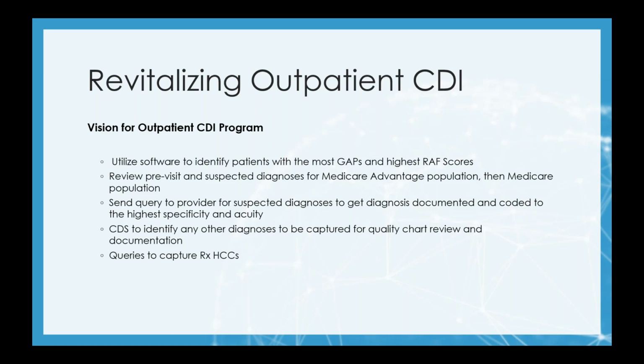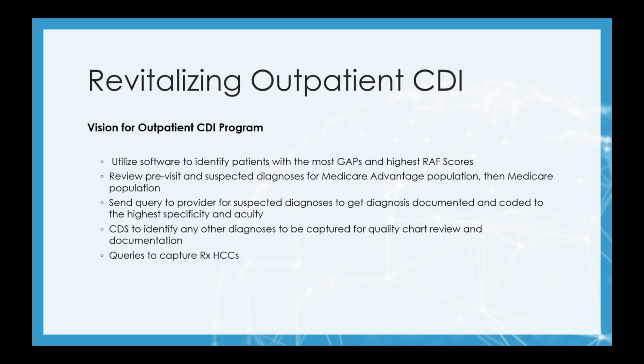And reviewing pre-visit and suspected diagnoses through that Medicare Advantage population, and then maybe your Medicare population. You can send a query to the provider for suspected diagnoses to get the diagnosis documented and coded to the highest specificity and acuity. The CDS to identify any other diagnoses to be captured for quality chart review and documentation, and then queries to capture RX HCCs.